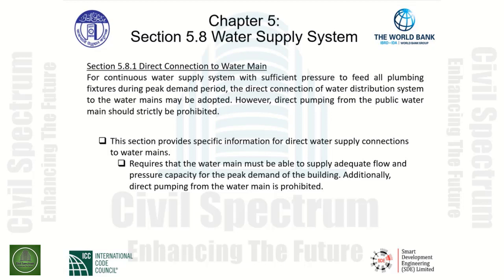In other words, it needs to be calculated as such for the building and verified that the water main can handle the load applied. Additionally, direct pumping from the water main is specifically prohibited. Now we can pump after the water main when we get into the building or up to the building, but we are not allowed to direct pump from the public water main.